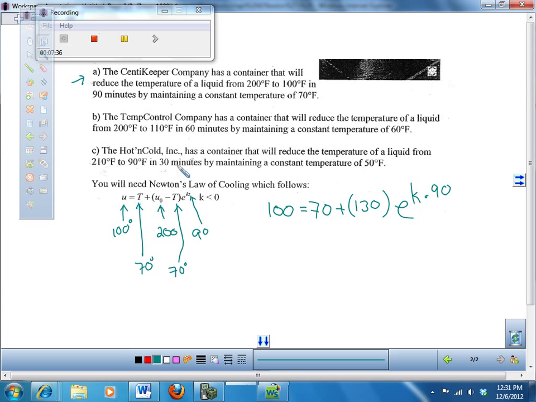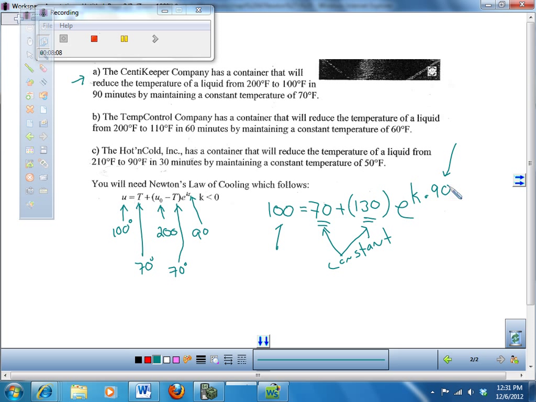Now, the variables: these things stay constant. This and this do not change in your equation. So these are constants, 70 and 130. They don't change. The variables in this equation are this and this.